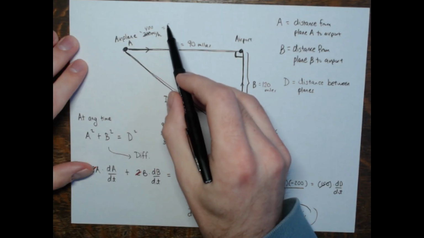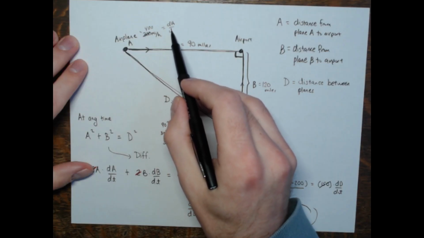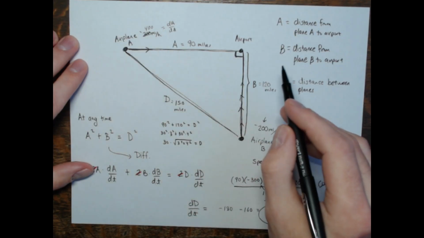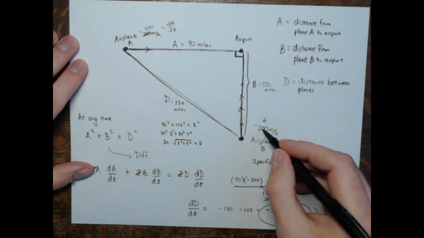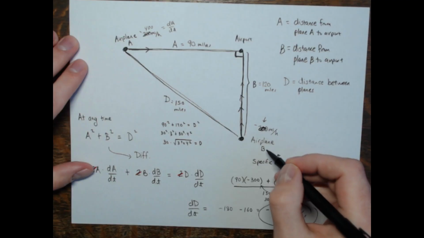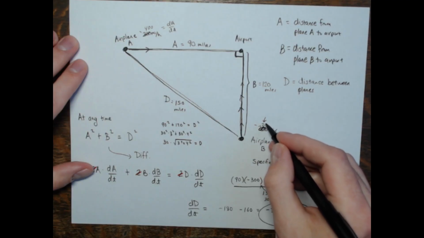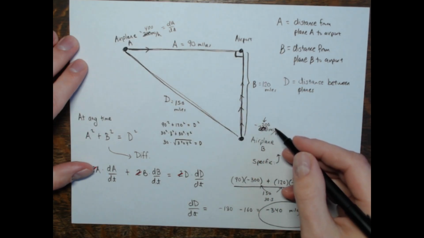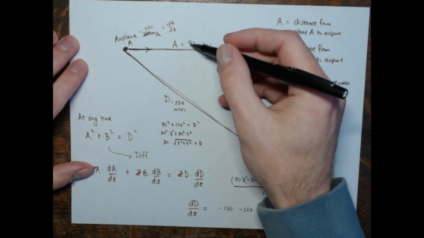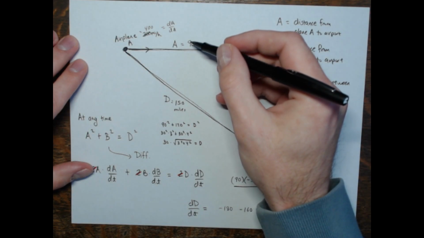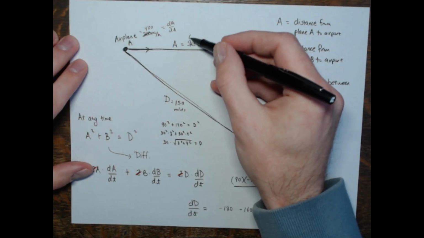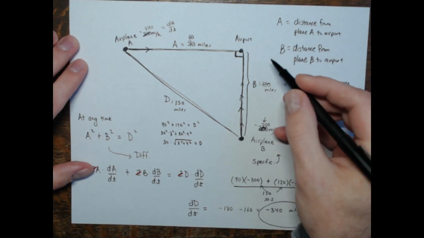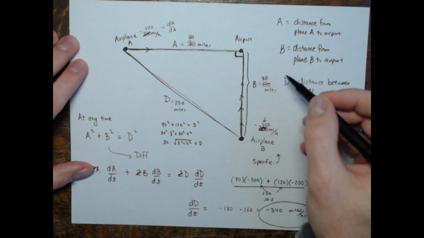So I'm going to say dA/dt is -400 because again, this distance to the airport is shrinking. So I'm going to call it a negative rate of change. The other one is still 200. So this other plane is flying north at 200 miles an hour. Only this time, airplane A is 60 miles away from the airport at the moment they want, and airplane B is 80 miles away from the airport.